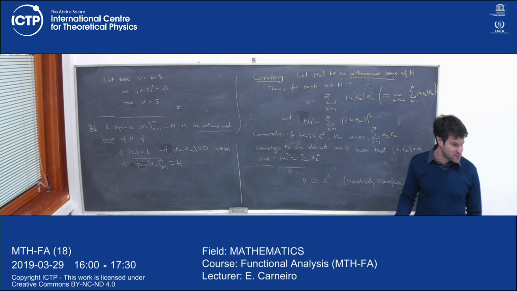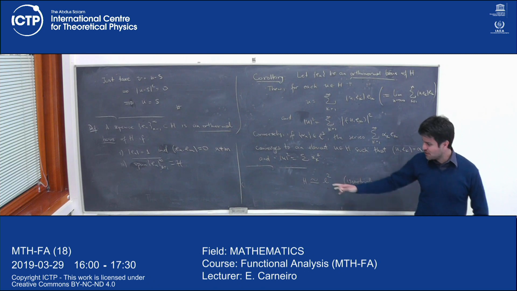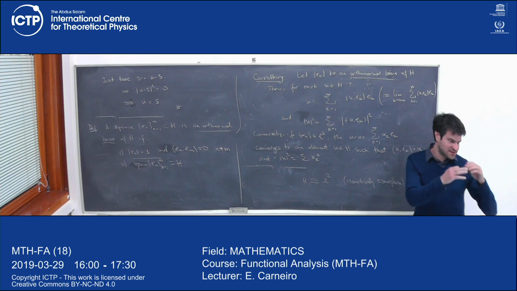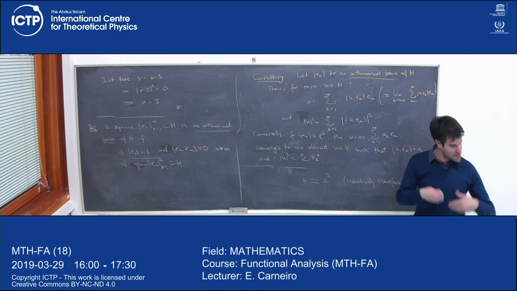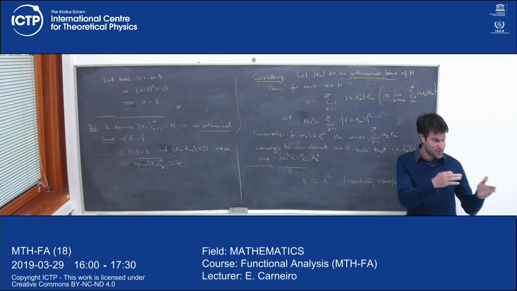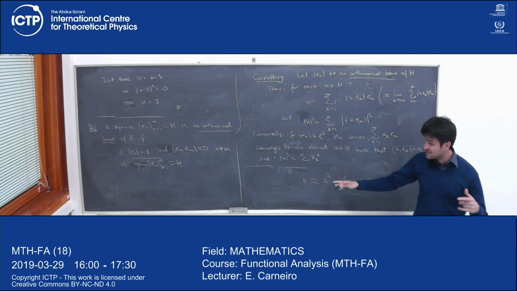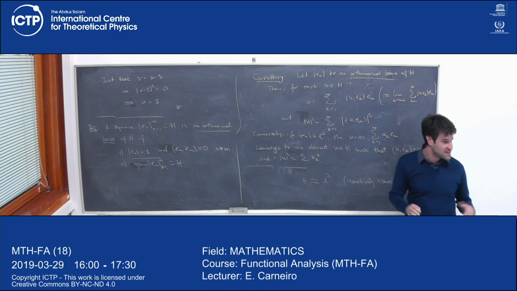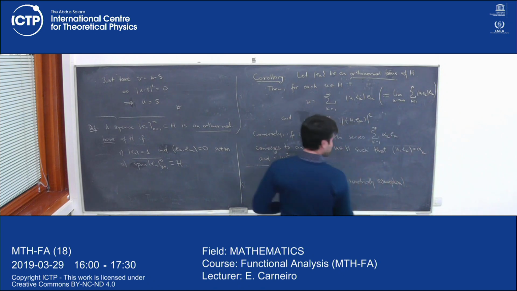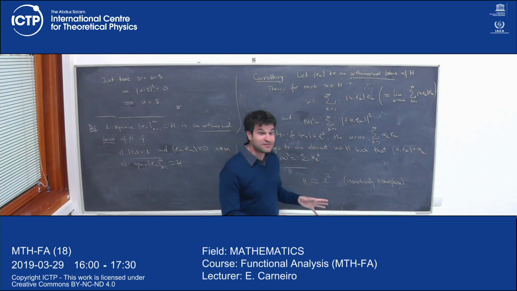We have other separable spaces, big L2 or Sobolev spaces or anything, but it's not very convenient all the time to express things in a basis or express any sort of operator in a basis. Sometimes it's just better to work in the spaces themselves and express your operator as an integral operator or something. If you express it in a particular basis, it actually gets very messy. So this is useful, but it's not by any means the end of the story.